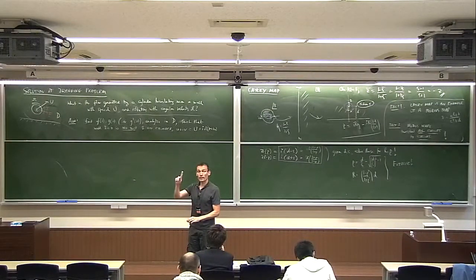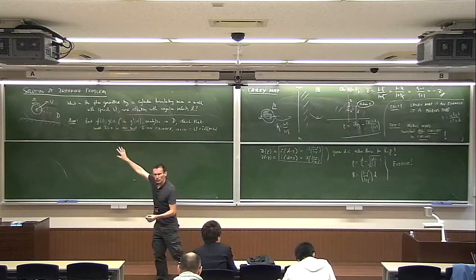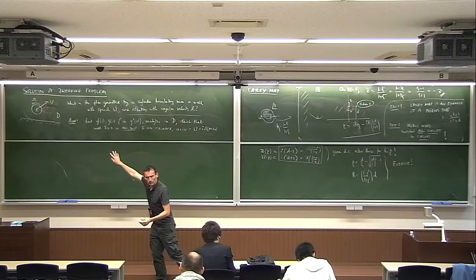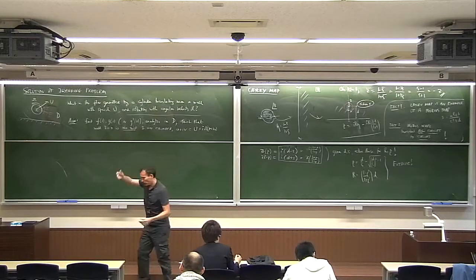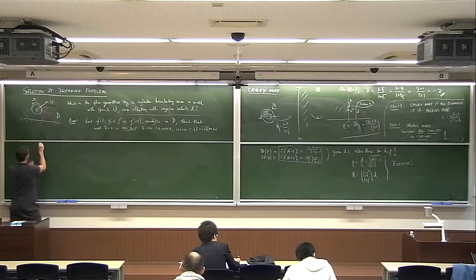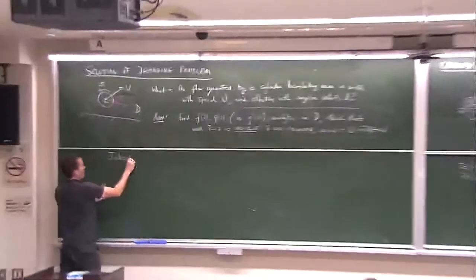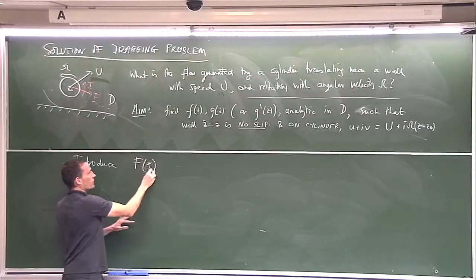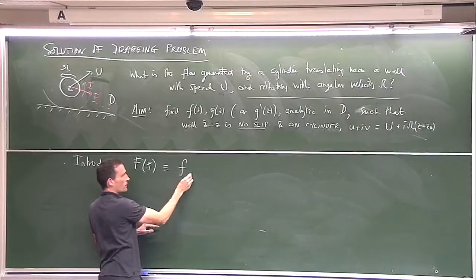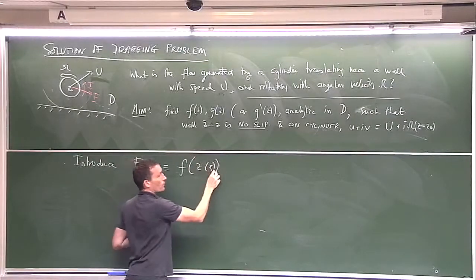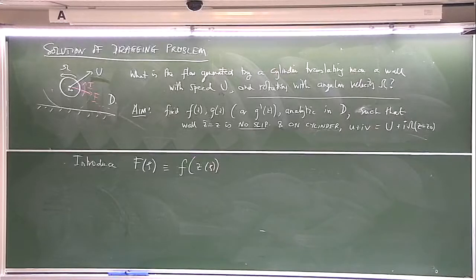Remember, we're trying to find f of z and g of z, and g prime of z in that difficult domain. But why don't we introduce what I think I've previously called capital F, which by definition is f of z of zeta, where z of zeta is now this thing. I'm abusing notation here because remember, z is a coordinate, but it's also the name of this function. But you understand, it's just that function.